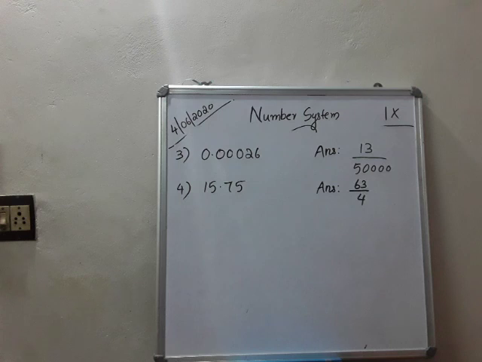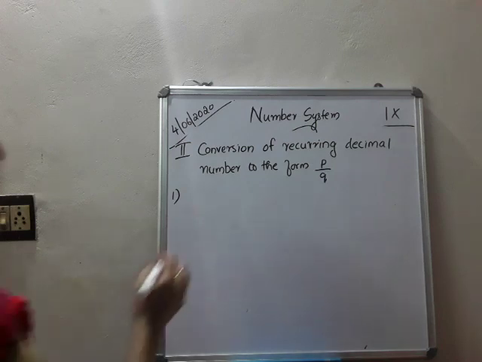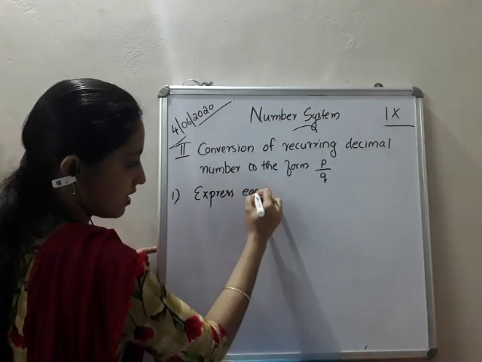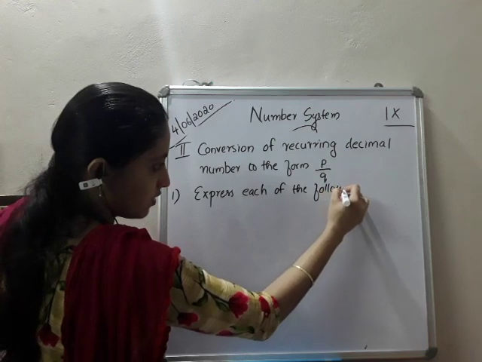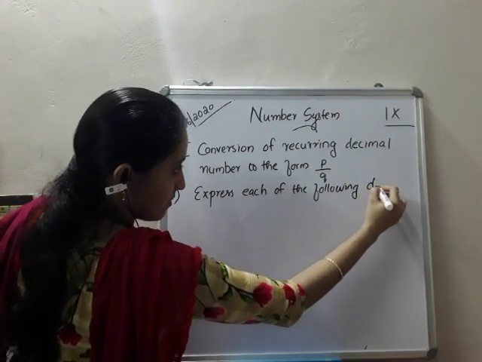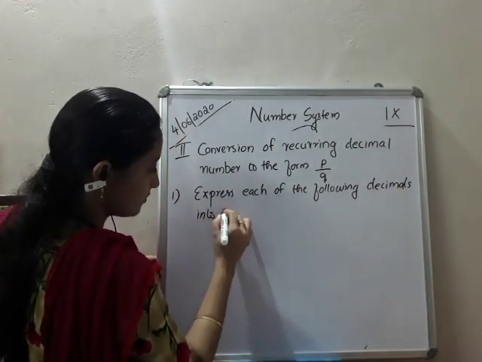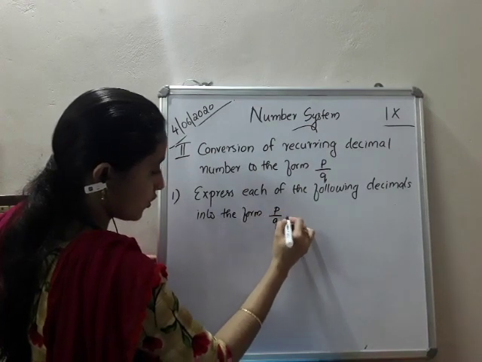Similarly, write down the first question: express each of the following decimals into the form p by q.